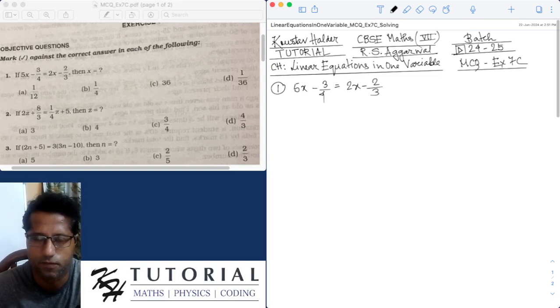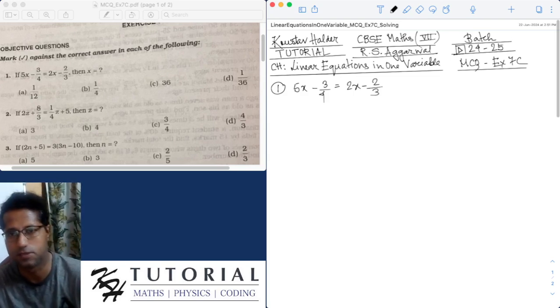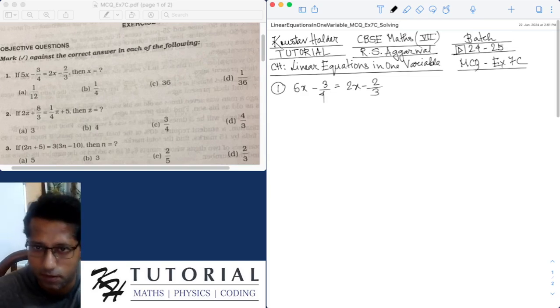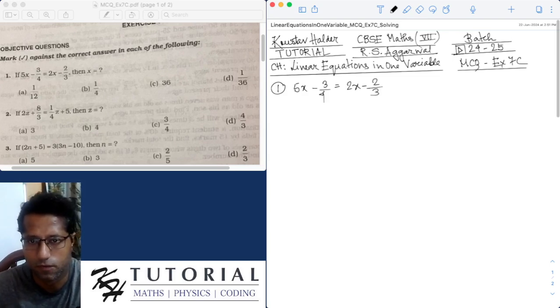If you are comfortable with addition and subtraction of fractions or decimals, then you can do it this way. Otherwise, if you are not, then you can multiply both LHS and RHS by the LCM of 4 and 3.